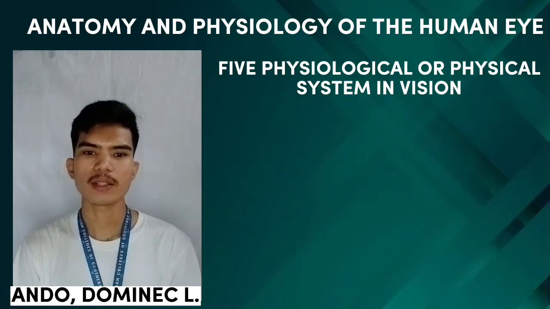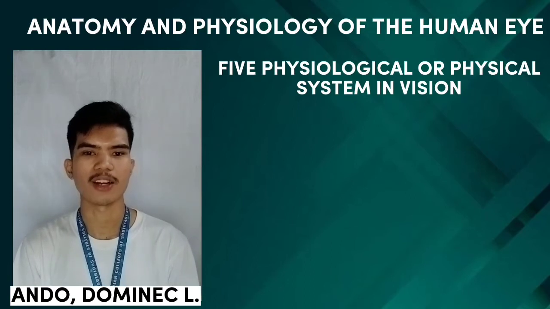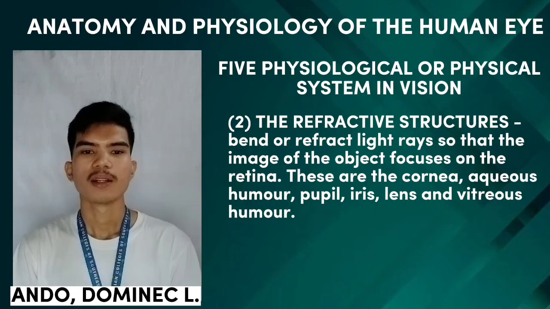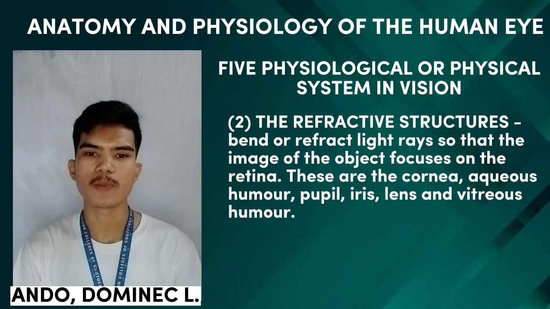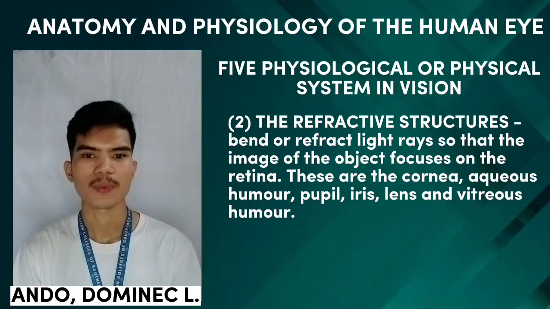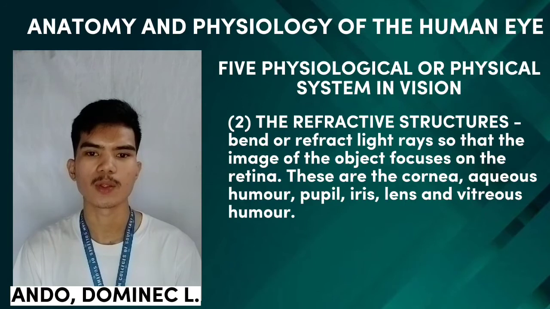And now let's proceed to the second physiological or physical system in vision, which is the refractive structures. The refractive structures bend or refract light rays so that the image of the object focuses on the retina. So these are the cornea, aqueous humor, pupil, iris, lens, and vitreous humor.